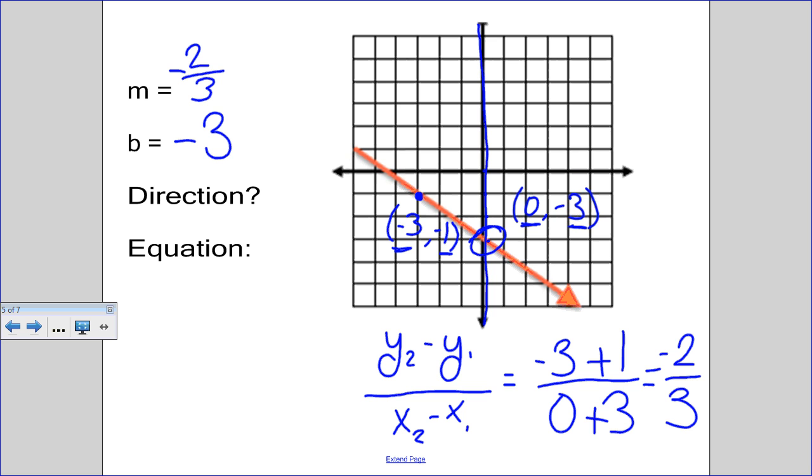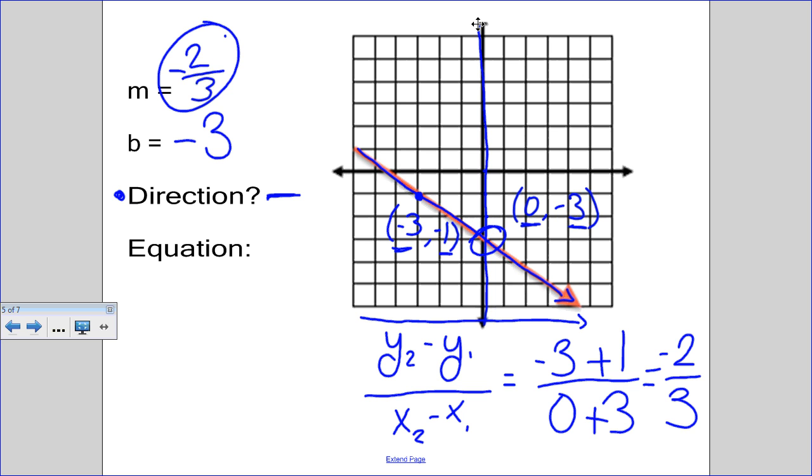Does that answer our next question about direction? If our slope is negative up here, shouldn't it be negative when we look at our graph? Let's check. As we go from left to right, that's right, it looks like we are sliding down. So we would have a negative slope. So let's write our equation for this one.